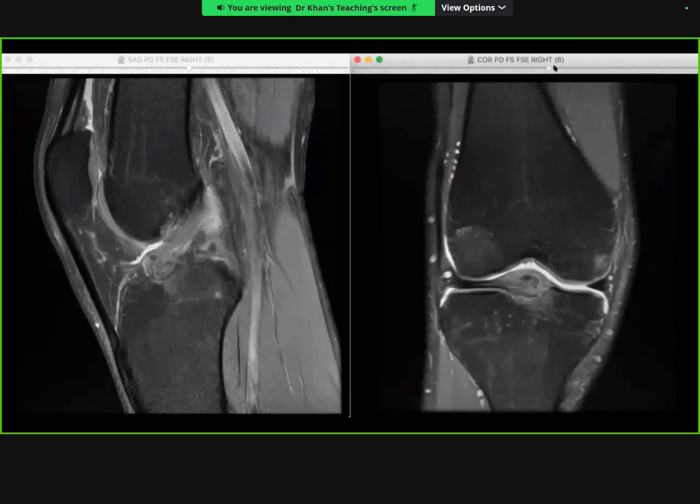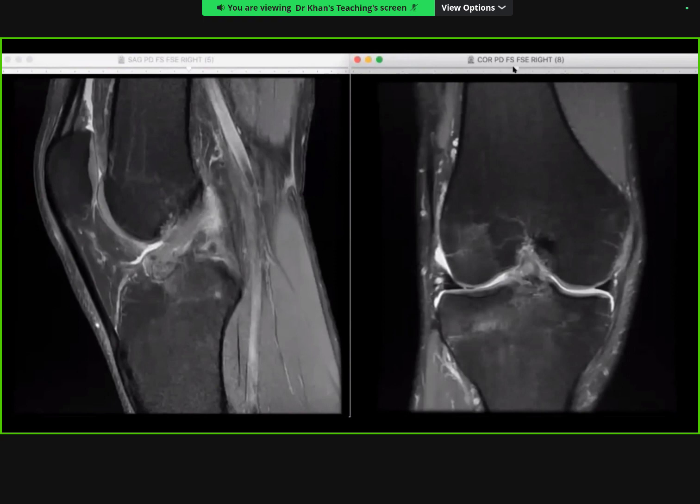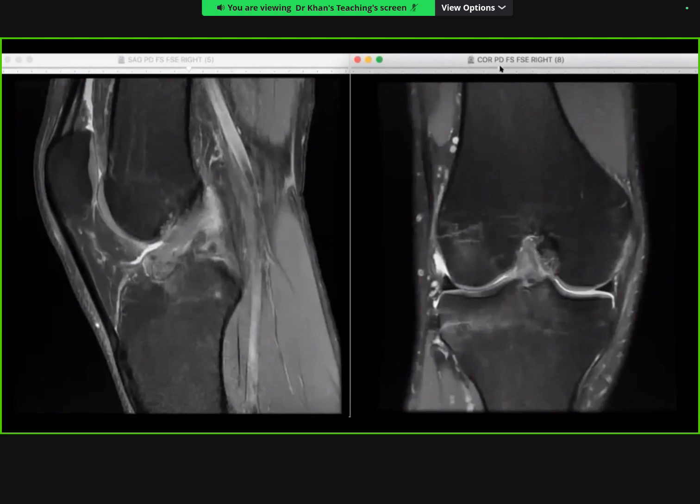Yep, so there are bony contusions on both sides, the medial and lateral aspect of the femoral condyle. And there is some soft tissue swelling over the lateral knee joint.